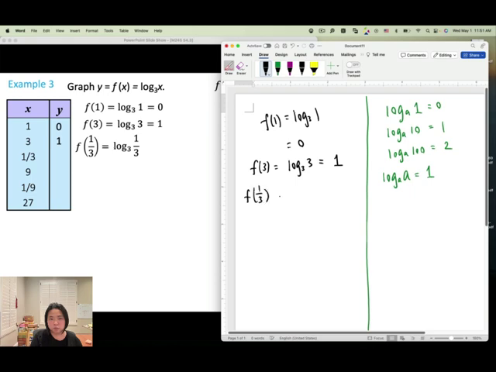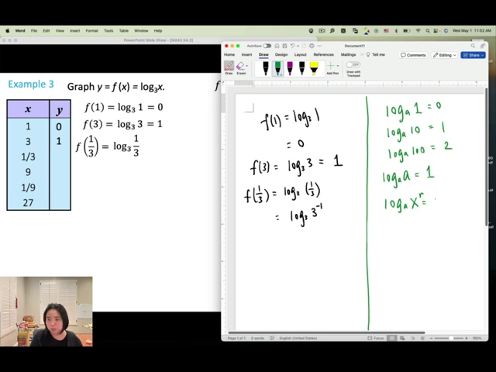So f of 1/3 equal to log base 3 of 1/3. I'm going to show you guys some steps here. 1/3, I could rewrite it to 3 to the power of -1. That's the exponent. And remember, at the beginning, we talked about that when you have log with the base a of x to the power of r, r will be the exponent.